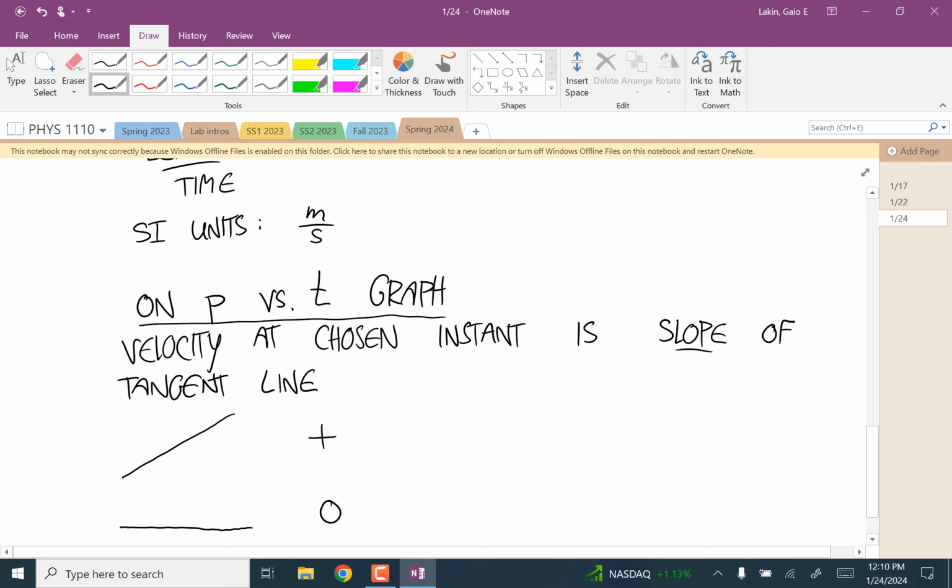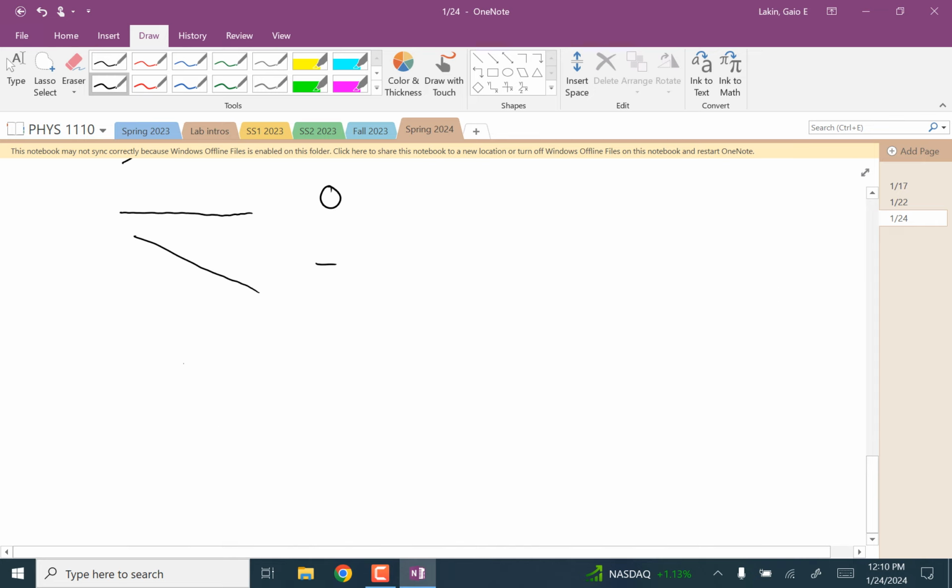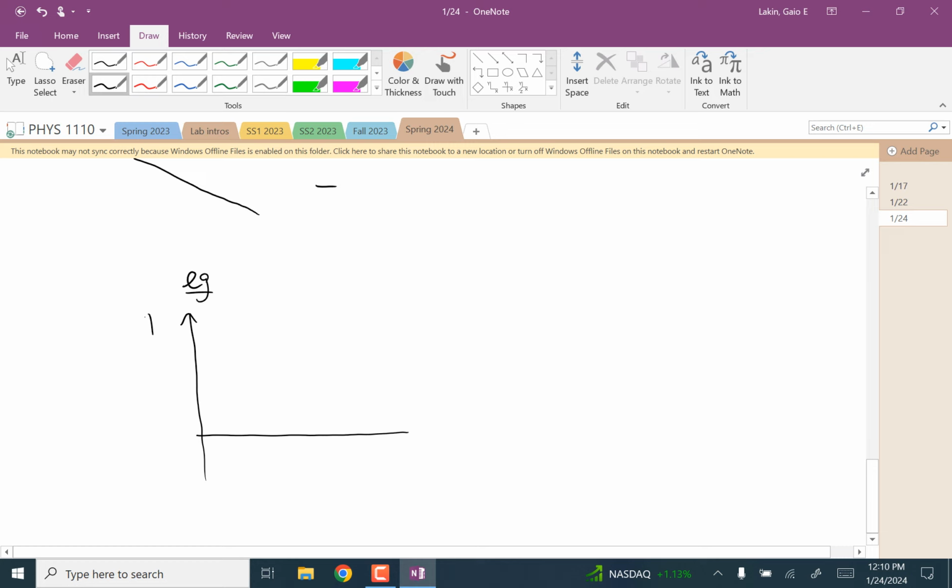Okay, so let's say that we have a position versus time graph that looks like this. Okay, so that's the object's motion. And let's say we want to figure out the signs of the velocities at this instant A, instant B, and instant C.